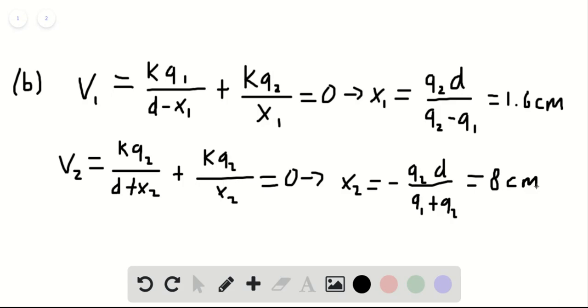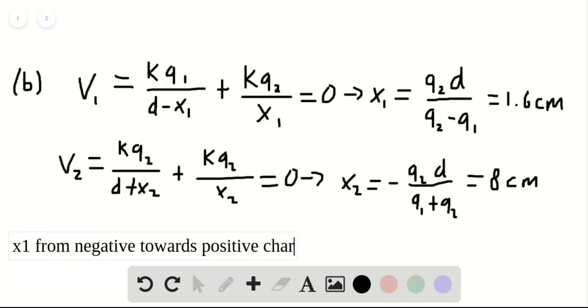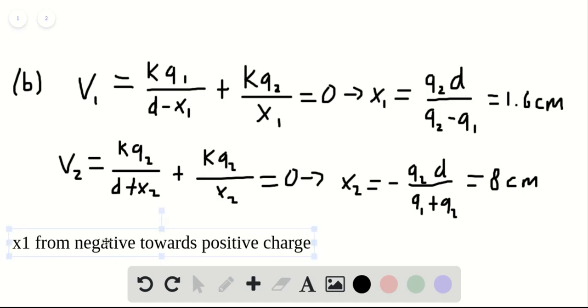Okay. So then the answer here, and we'll just go ahead and maybe type this out. It's going to be a distance, we'll call it x, so it'll be distance x1 from negative charge towards positive charge. So that's one of the ways to think about it.